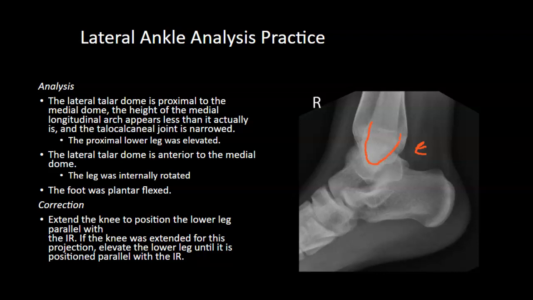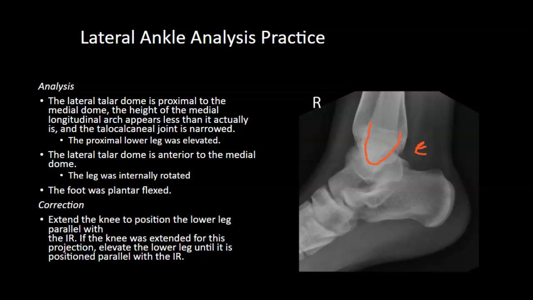If the fibula starts to move a little bit more proximally than it usually does up here on a good lateral projection, you should be able to determine that the proximal lower leg, or that knee, was elevated higher than it should be. So we need to bring that leg down, obviously, to correct this imaging.